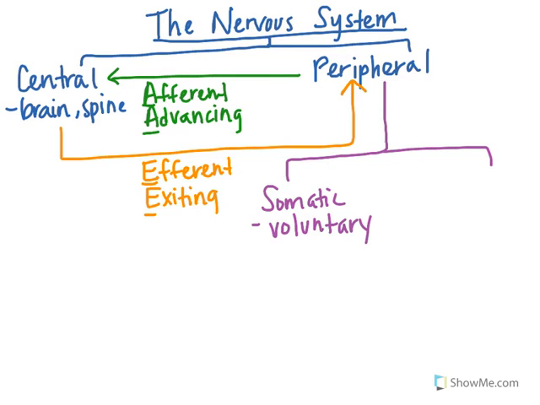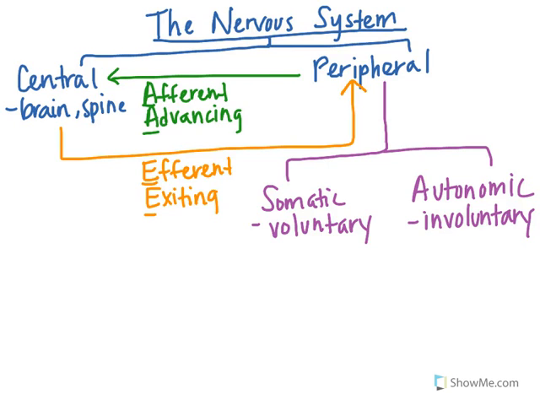And then, on the other hand, you have the autonomic system, which governs involuntary actions. And these are typically visceral functions that are really, really important to survival, but those that we don't have to think about on a minute-by-minute basis, like maintaining your heart rate, or digesting food, or breathing.